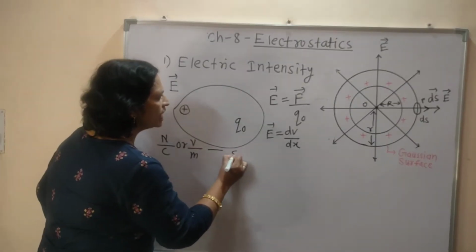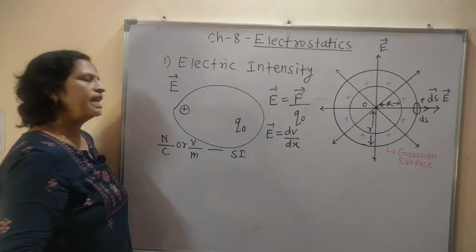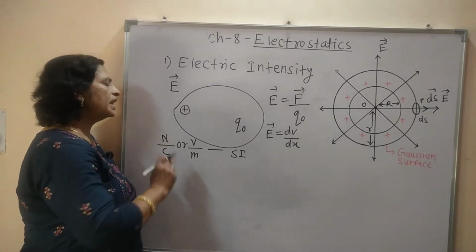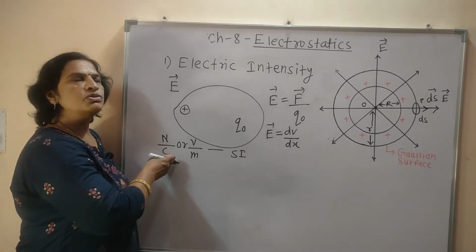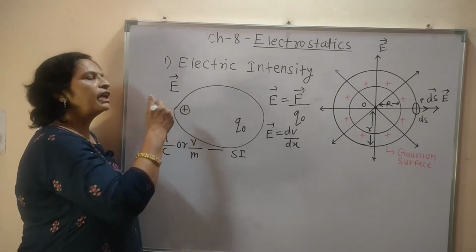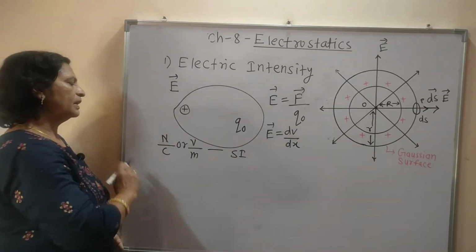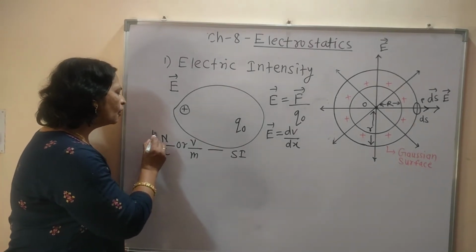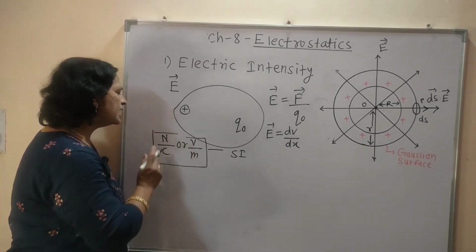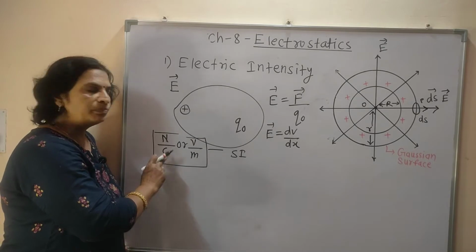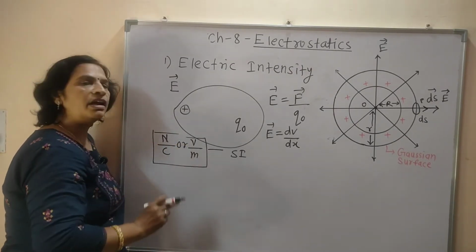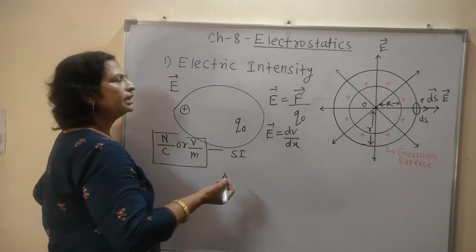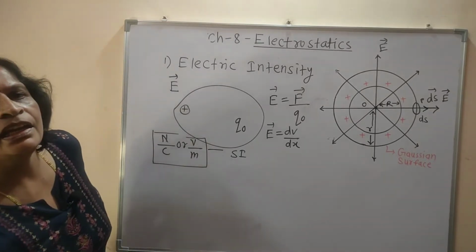These are the two SI units used to measure electric intensity, and we will use them frequently in this chapter. So please keep in mind that the SI unit of electric intensity is Newton per coulomb or volt per meter.